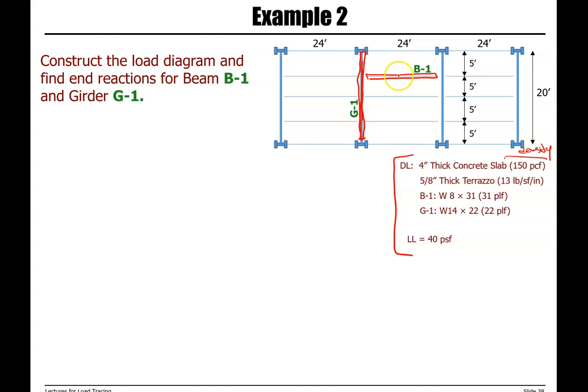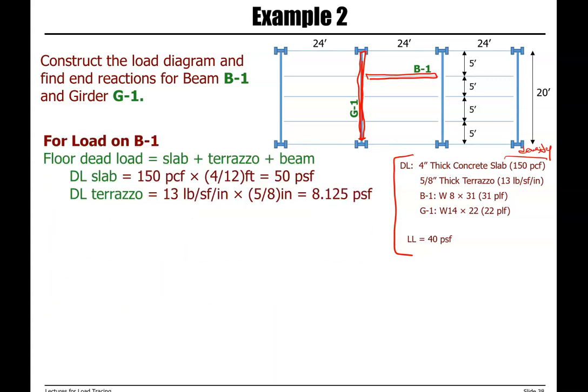Beam has a dead load of 31 PLF with a section of W8x31, and girder has a dead load of 22 PLF and the section is W14x22. The live load is 40 PSF.